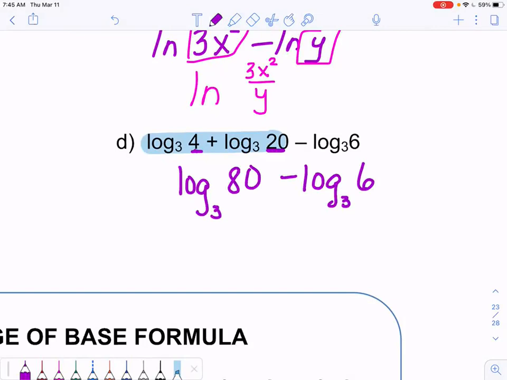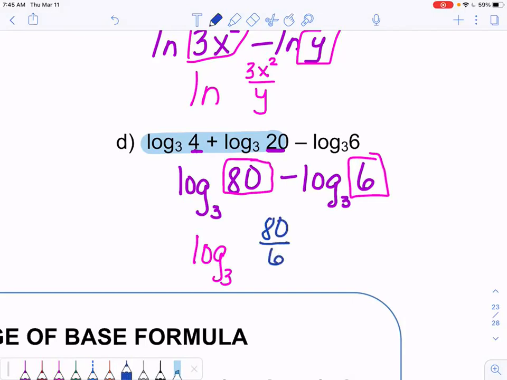Gabby Soul, what do we do next? Yeah, so now we're going to divide. Again, to condense them, subtraction means to divide. We're dividing the numbers after the log. Remember, our goal is to have 1 single log. So I have the log out front, and we're dividing 80 by 6.